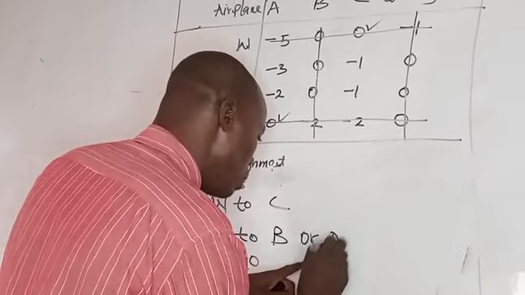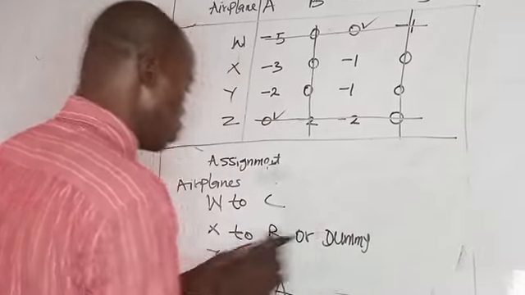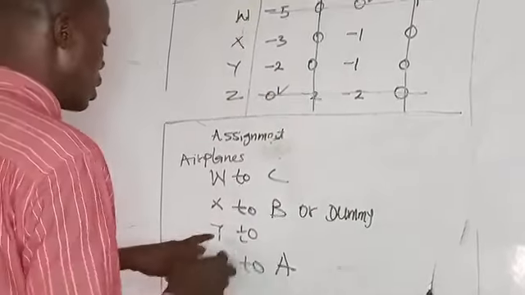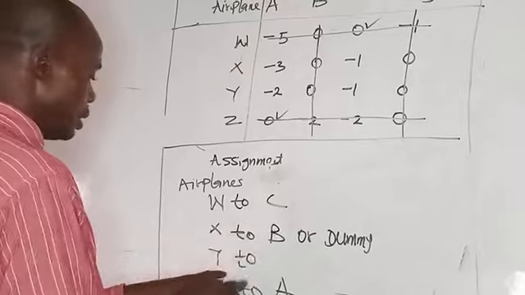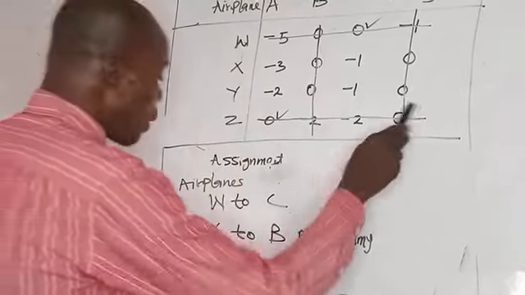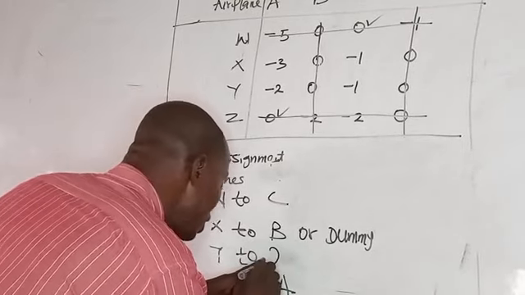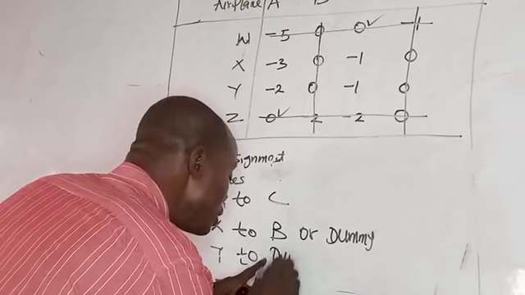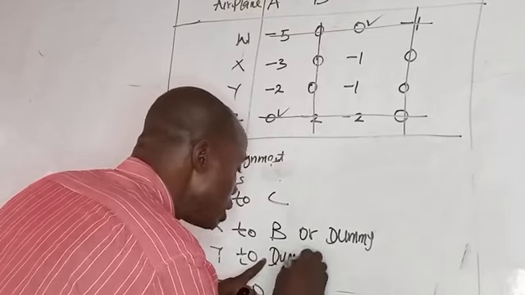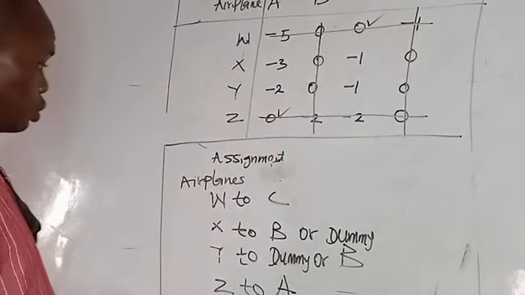Or you assign Y to B, then you assign X to dummy, and B will not be idle.